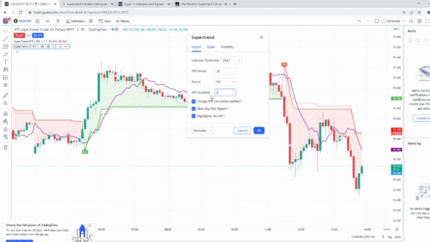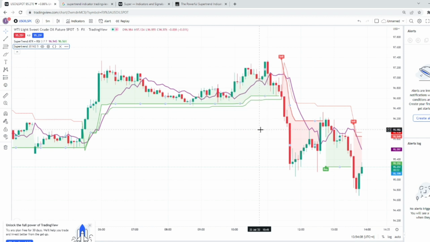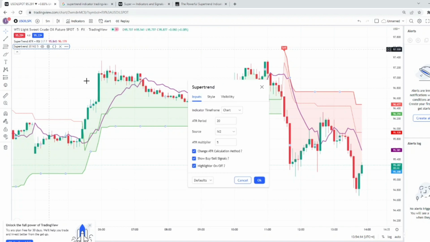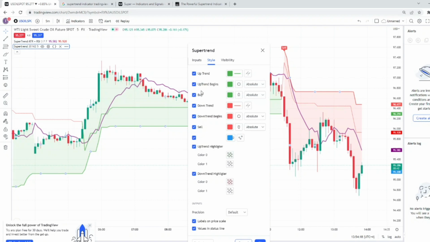Therefore, it will indicate the long-term trend of the market. To make things simple, we will change the color of this supertrend. Instead of a green line, we will use a blue line in an uptrend. And instead of a red line, we will use a pink line in a downtrend. Using different colors for different supertrends is very important.